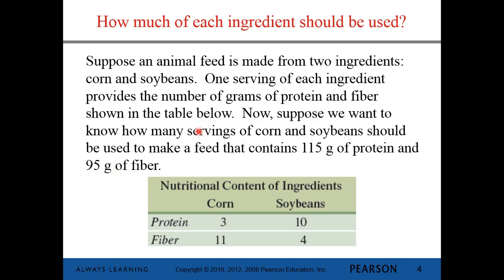So we want to know how many servings of corn and soybeans we should use to make a feed that contains that many grams of protein and fiber. These are the questions we're going to answer. These are the types of questions we can set up as a system of equations and then solve that system of equations to come up with an answer.